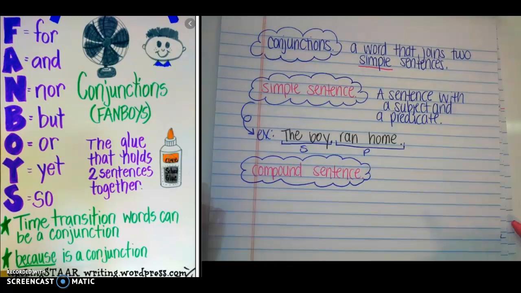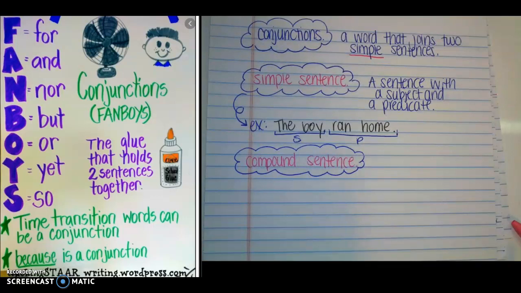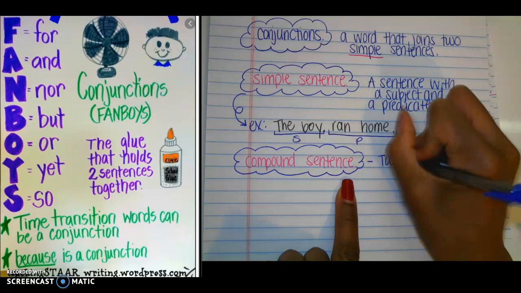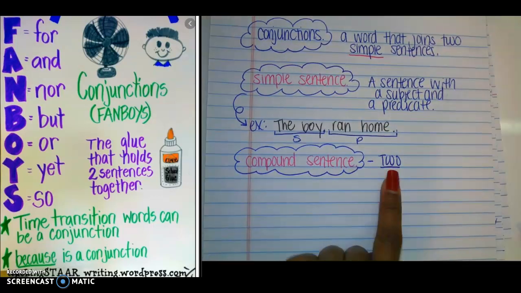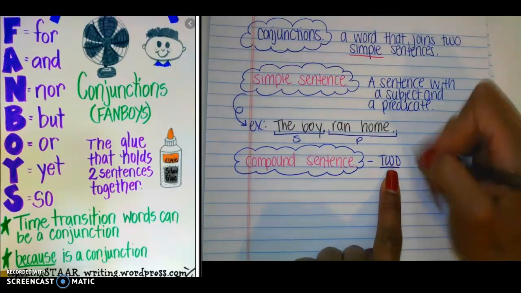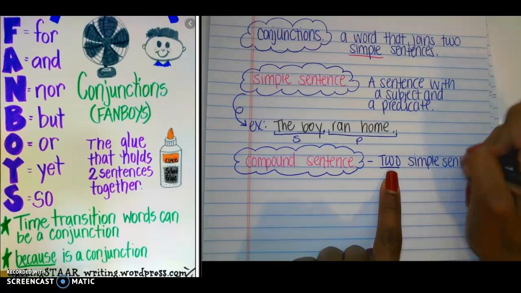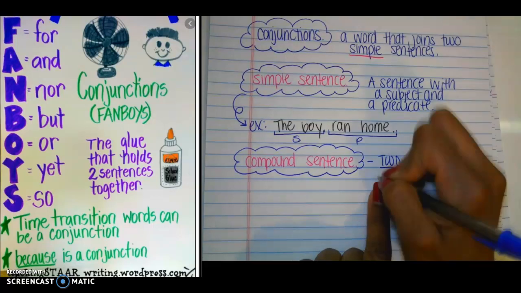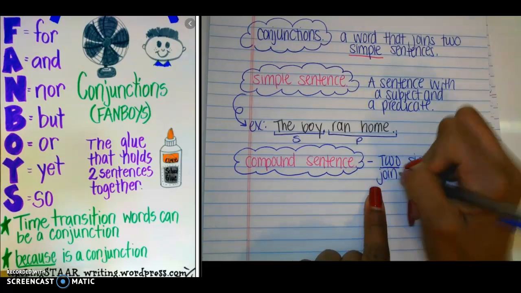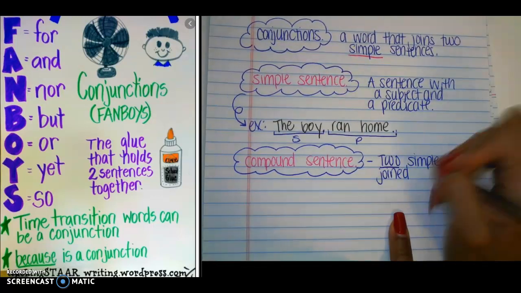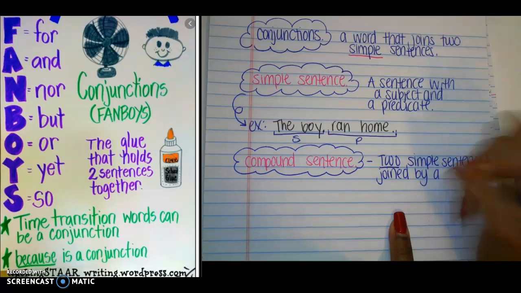Let's write the definition first. A compound sentence is two, and I'm underlining the word two because it is super important, two simple sentences joined. There goes that word joined again, which is related to conjunction. Two simple sentences joined by a conjunction.